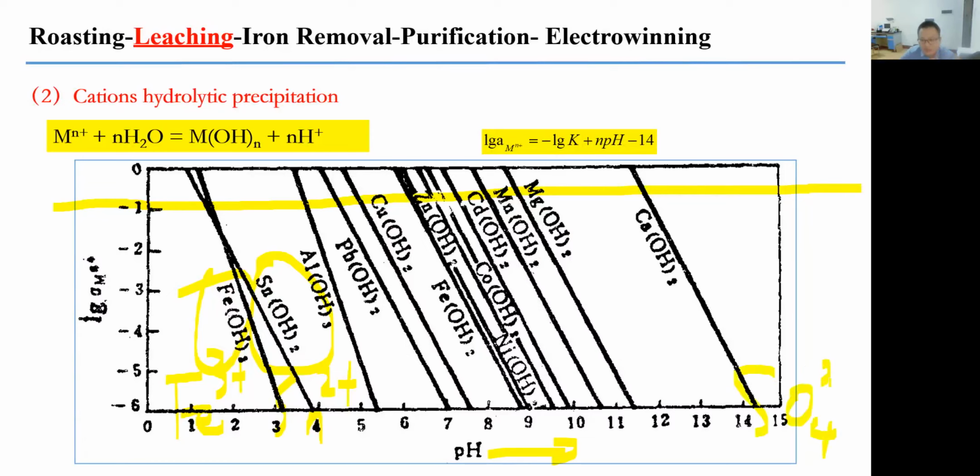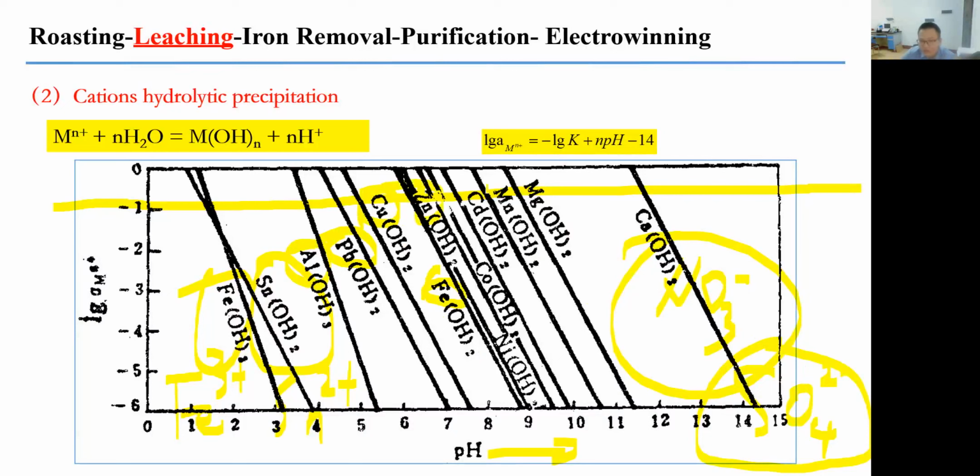In this diagram, we are not considering the influence made by sulfate ions, and you can assume that in this system the lead can be present as ions in the solution. And along with the increase in the pH value of the system, alumina will precipitate, lead will precipitate, copper will precipitate, and ferrous ion will precipitate, and very closely, zinc will precipitate.